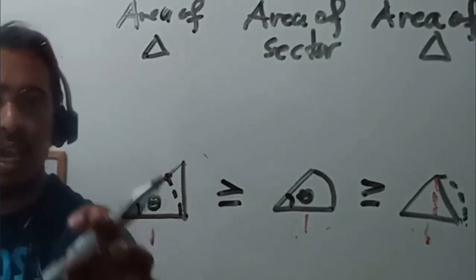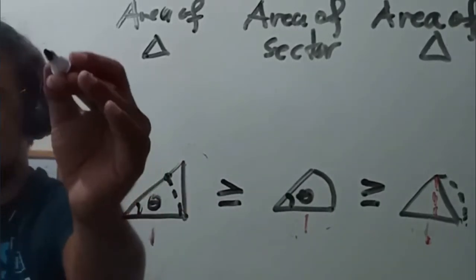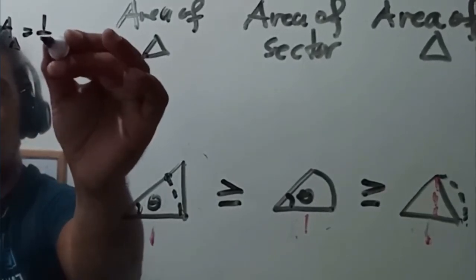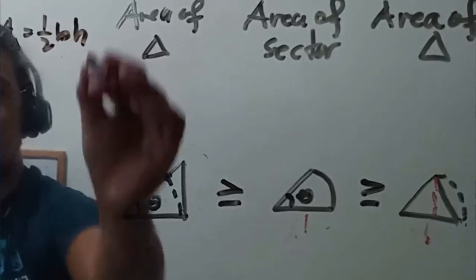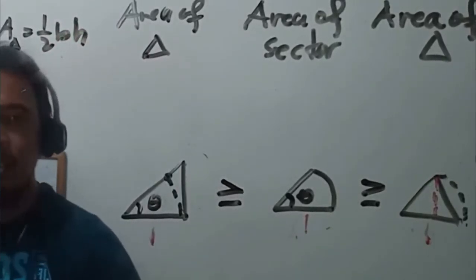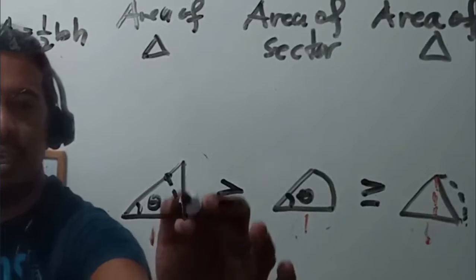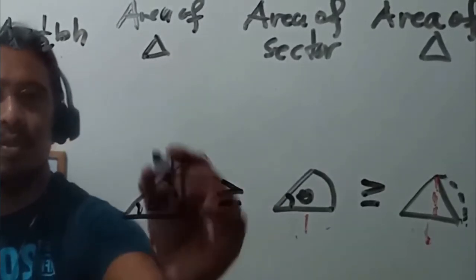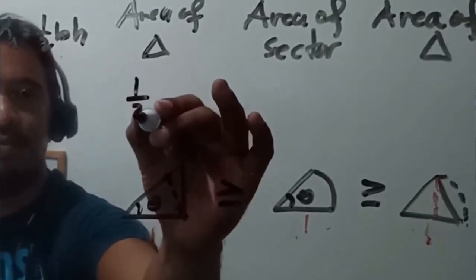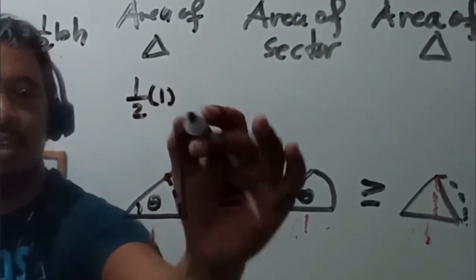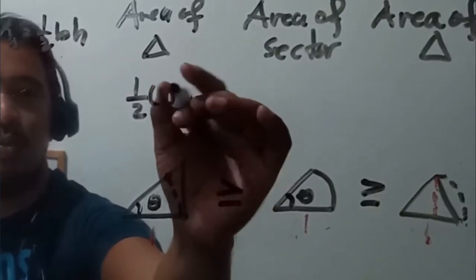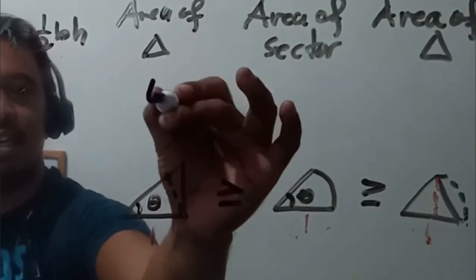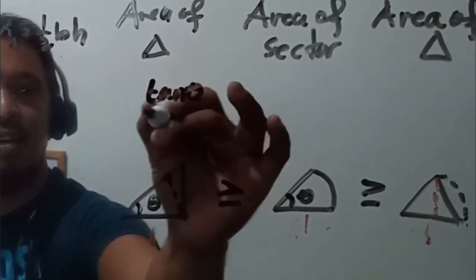We all know that the area of a triangle is 1/2 the base times the height. Obviously the base here is 1 and the height is tangent, as we know a while ago. So it is 1/2 times tangent, or just tangent theta over 2.